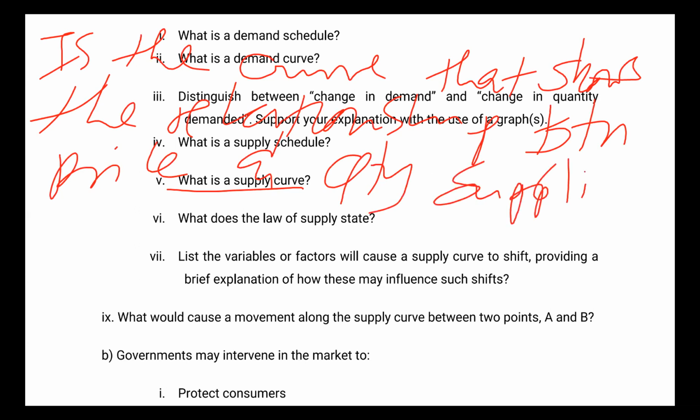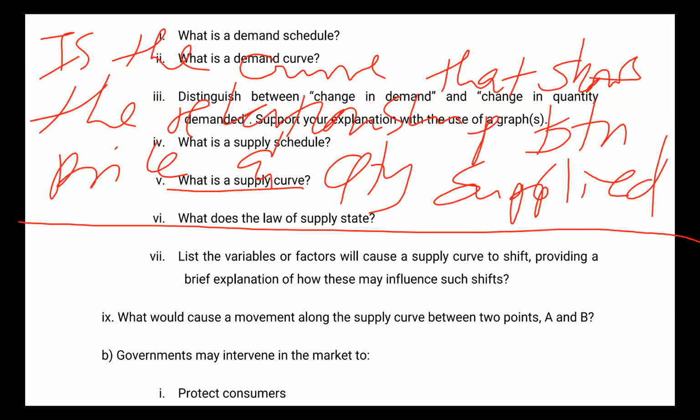Clear? It is just the same thing. So the curve that shows the relationship between price and quantity supplied, or a curve that shows the quantity supplied at given prices, it's still the same thing. So you can say it is the graphical representation of the relationship between quantity supplied and price. Is that clear?